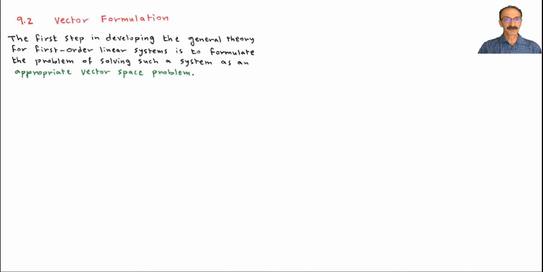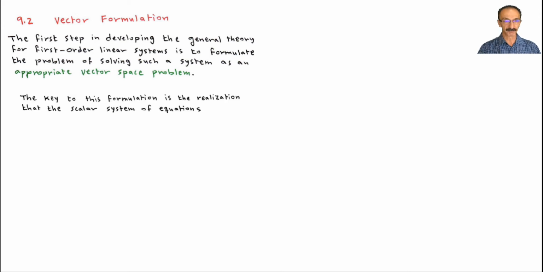The first step in developing the general theory for first-order linear systems is to formulate the problem of solving such a system as an appropriate vector space problem.